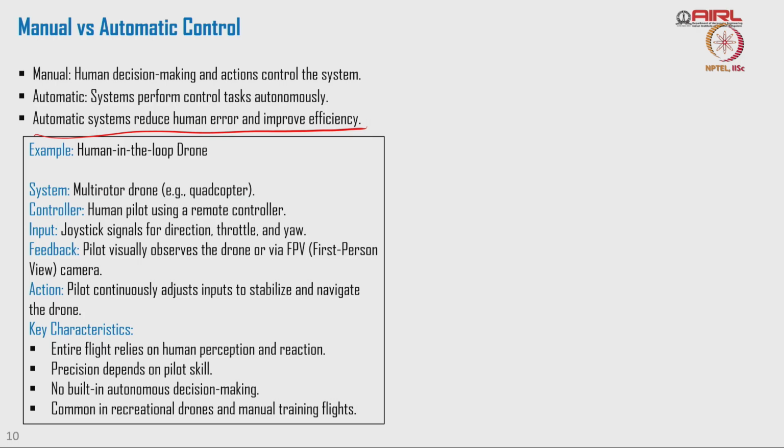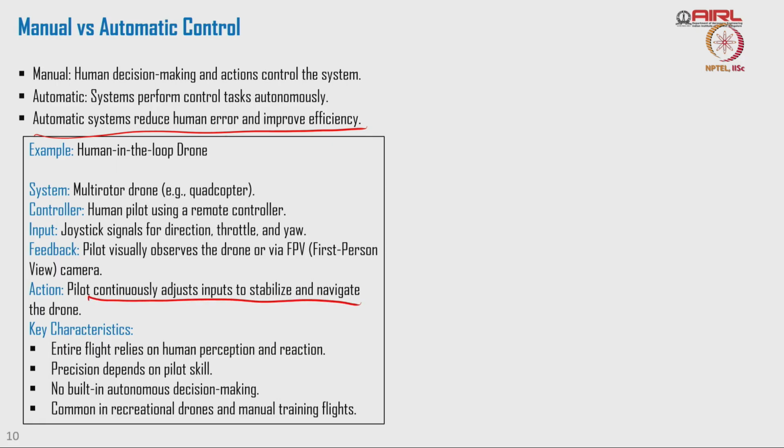The feedback is that the pilot is visually observing the drone, whether it is functioning in a desired way or not. So, the feedback is coming from the pilot, and when he senses that something is undesired, then he changes the input from the joystick signals, then he brings the drone to such a condition where it acts in a desired manner. So, the action is that the pilot continuously adjusts inputs to stabilize and navigate the drone.